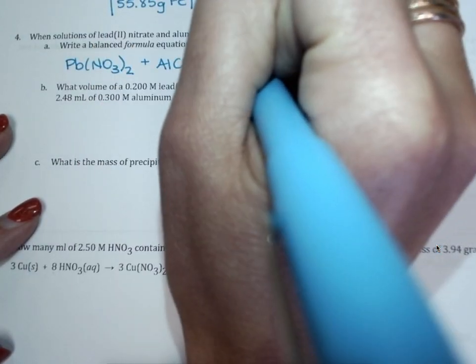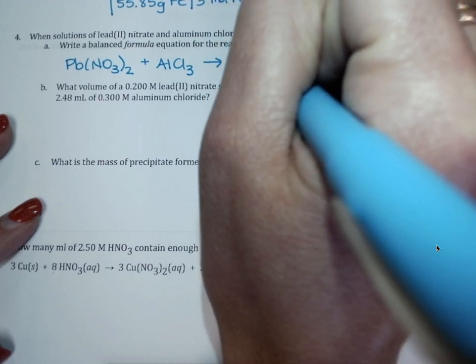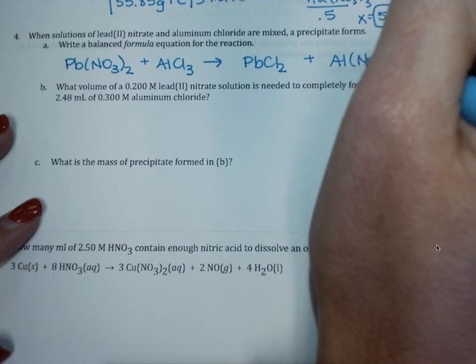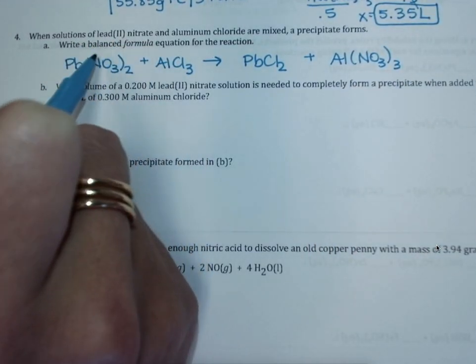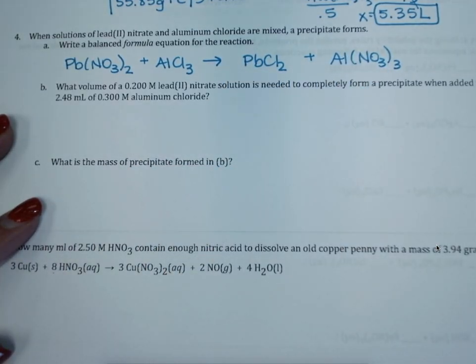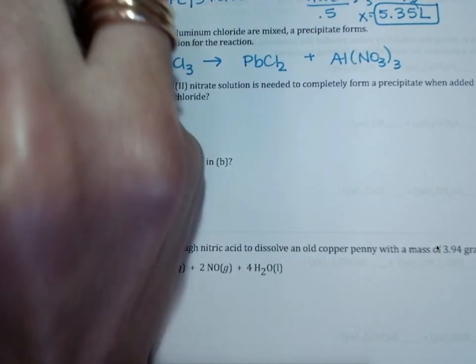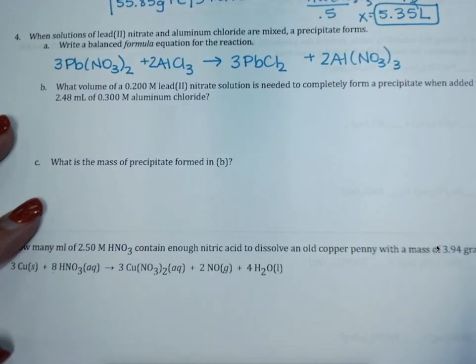That's going to make lead chloride and aluminum nitrate when I switch my partners and recross my charges. Then to balance this equation, I need a 2 and a 3 and a 3 and a 2.